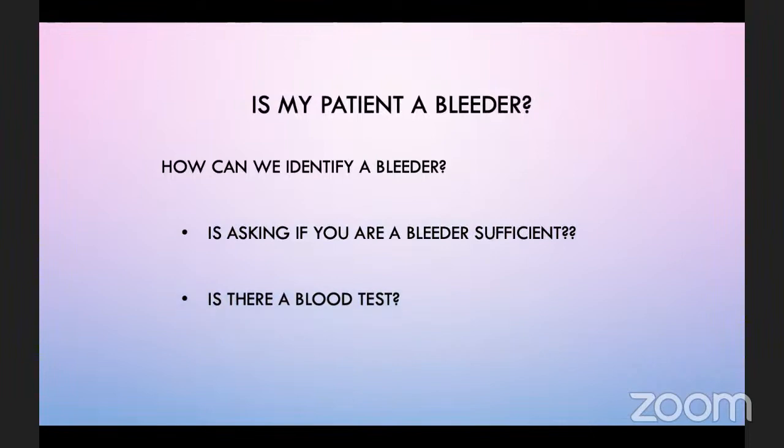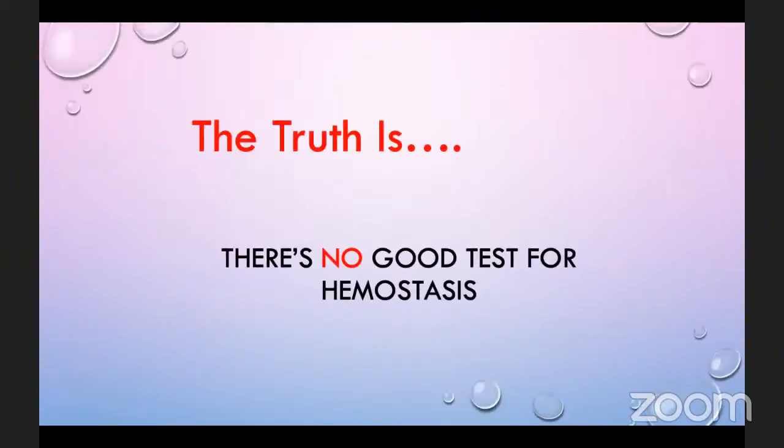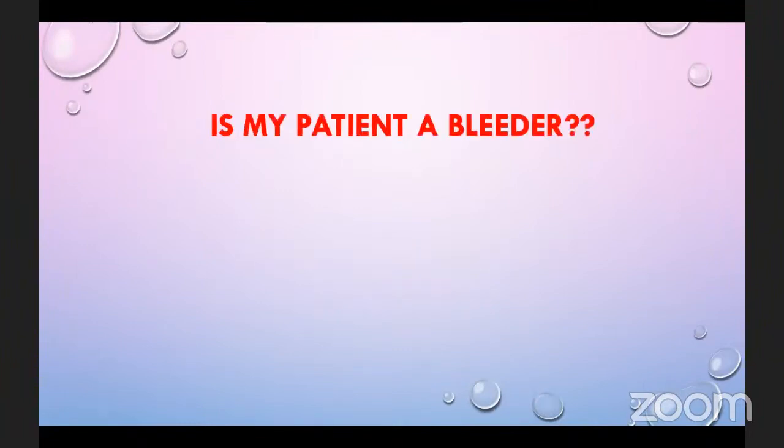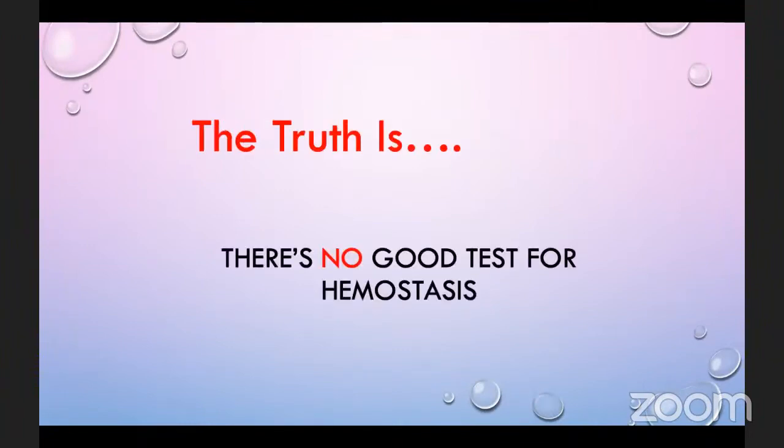There is no hemostatic test at this point in time to tell you whether the patient is a bleeder or a clotter based on the routine coagulation testings that we have.